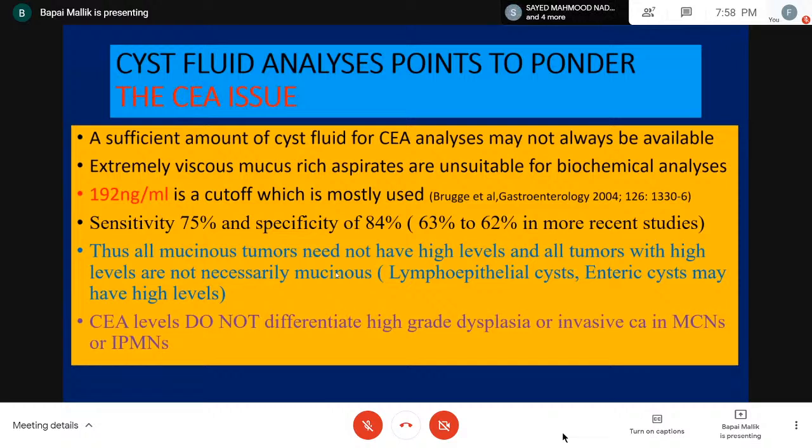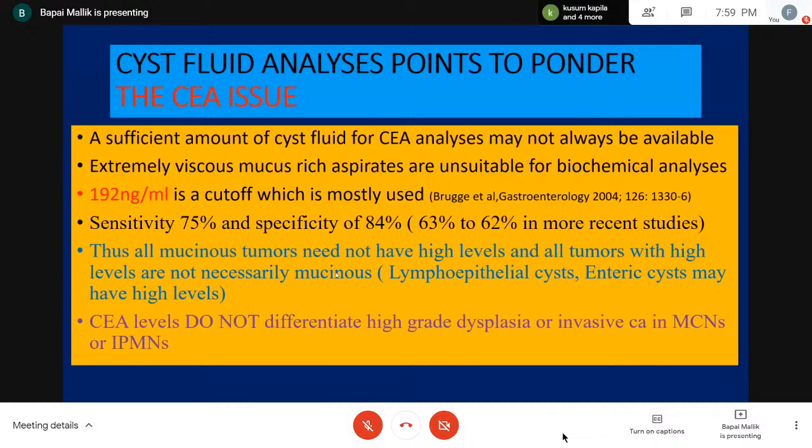But it can be much higher than that, and it has been seen that if you raise the cutoff level, you are going to miss some of the cysts, but it's going to be more specific. And if you lower it, it is going to be less specific and more sensitive. So this is roughly about 192. If you want to remember 200, it's easier to remember, so 200 is pretty good enough.